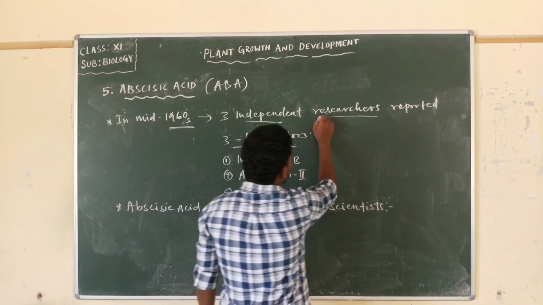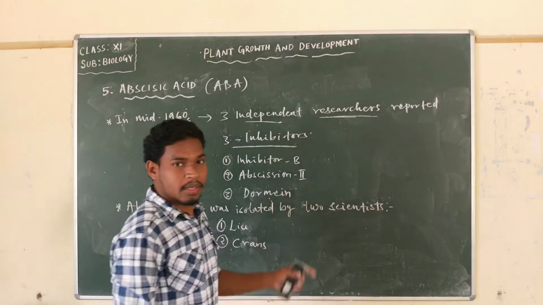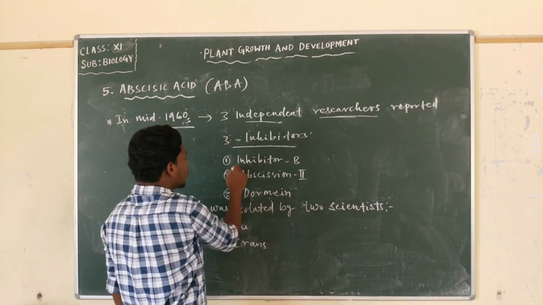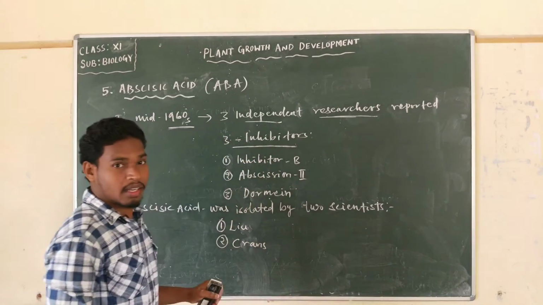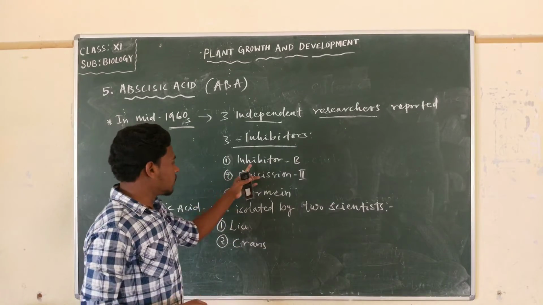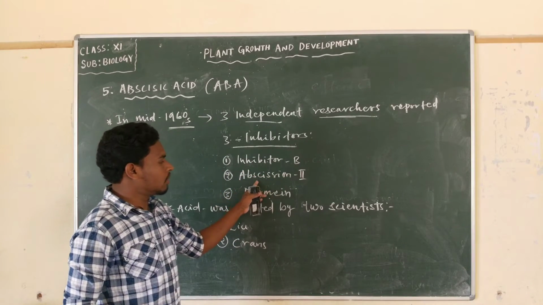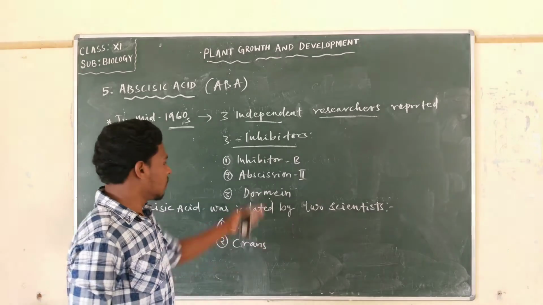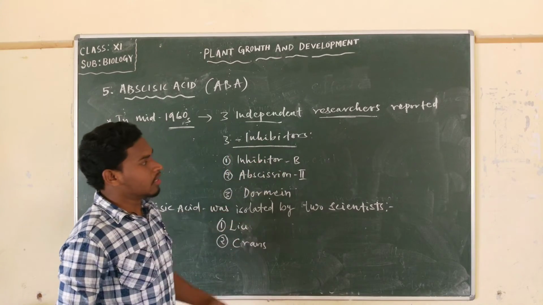So they were independent researchers, and these researchers reported that there are three inhibitors. One is inhibitor B, the next one is abscisin 2, and the third one is dormin.